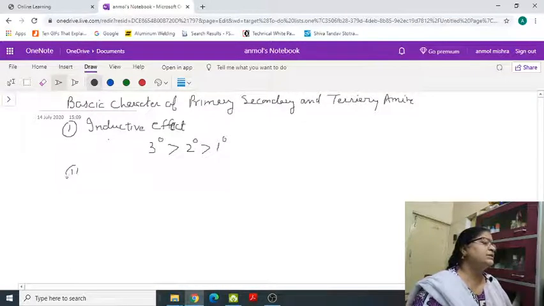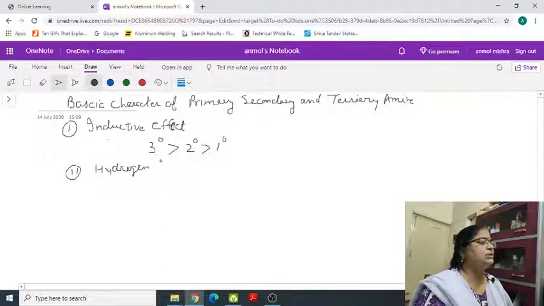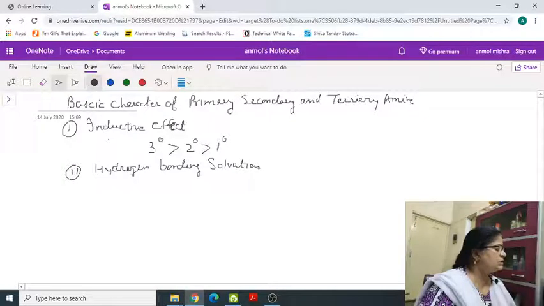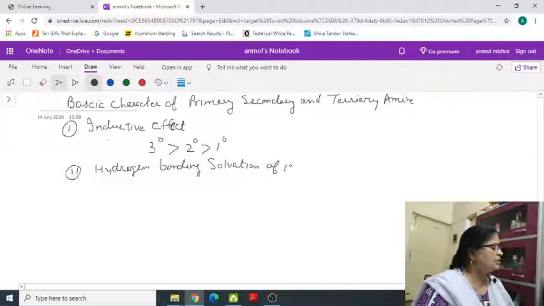Second factor is hydrogen bonding, or you can say solvation of ions.